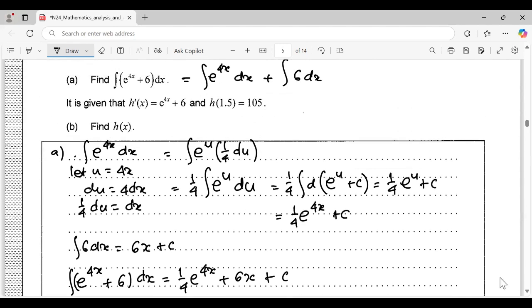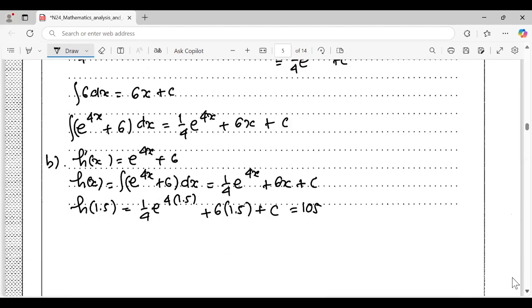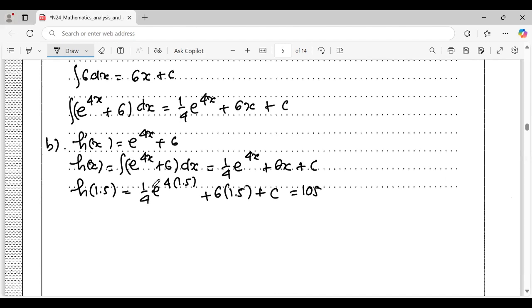Calculating, it becomes 1/4 e power 6 plus 9 plus c equals 105.